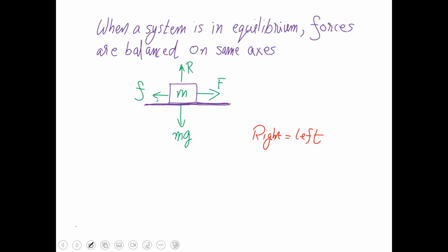Here it means that F is equal to small f. And when you say up is equal to down, here it will mean that R is equal to mg.